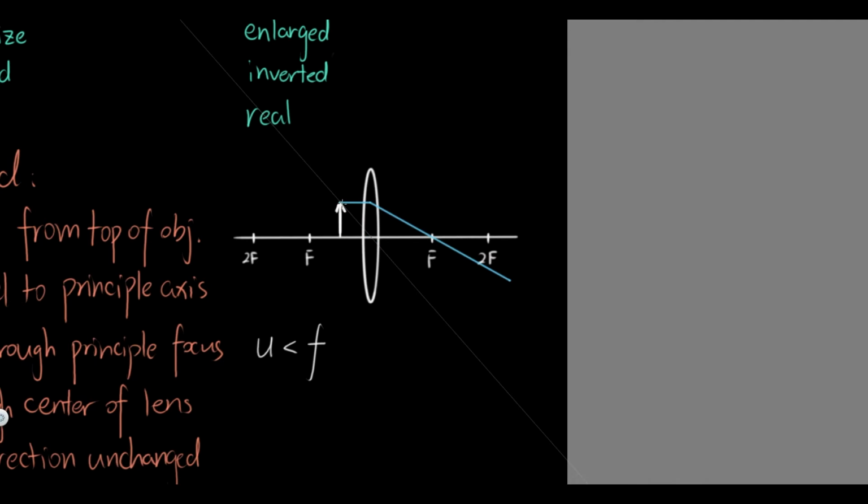Oopsies. As you can see, again, these two rays don't converge. But there is something very interesting about this one, because even though it doesn't converge on the right side of the lens, it's going to converge on the left side of the lens.